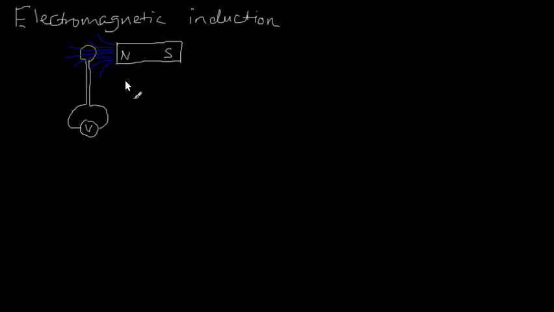Suppose that the strength of the magnetic field, which I call magnetic flux density, that goes through the loop is represented by B, and suppose that the area of this loop is A.